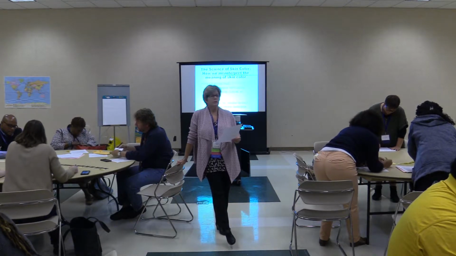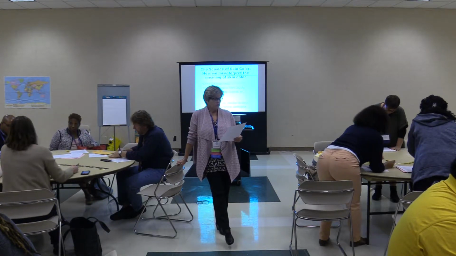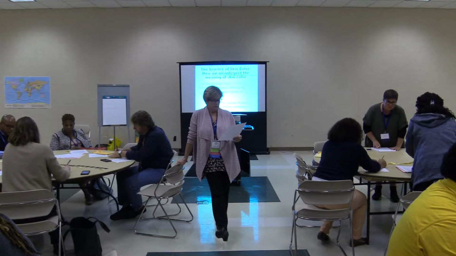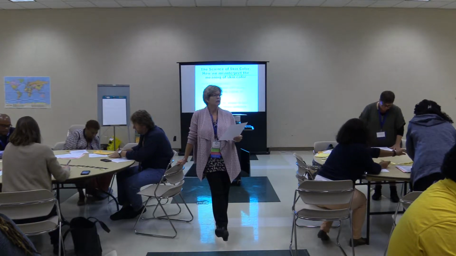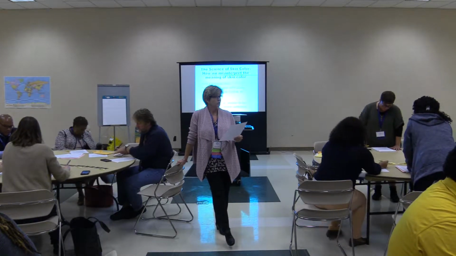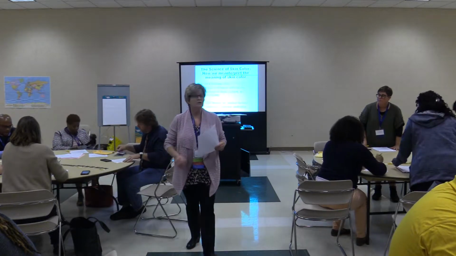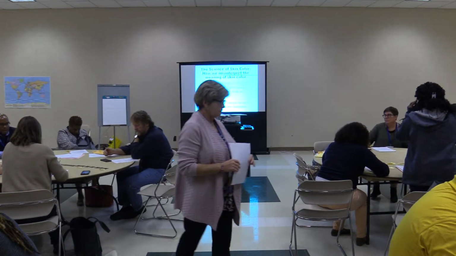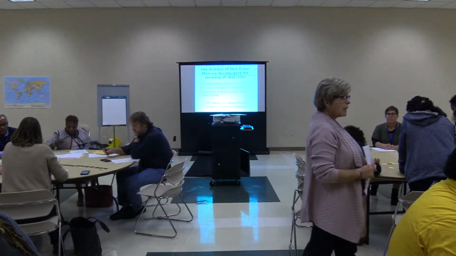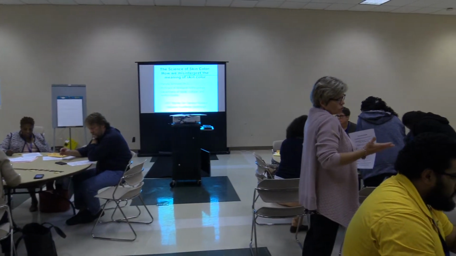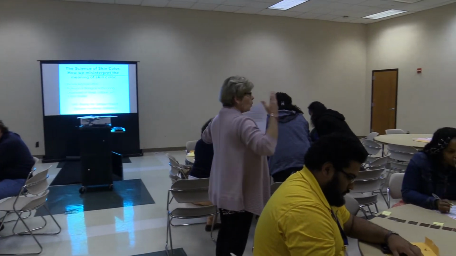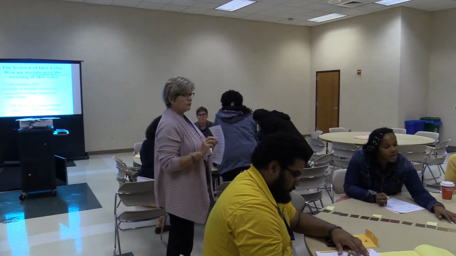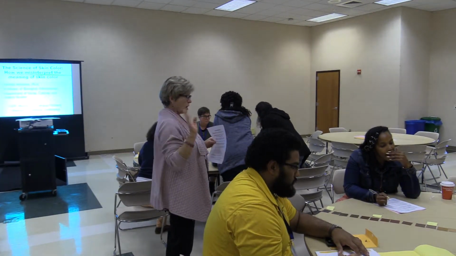You do the same thing with white, with Asian, with Hispanic, with Native American, Pacific Islander, and multiracial. Each individual does this by himself or herself. So, when we say black, do you think that starts at 20 and goes to 30? Whatever you think is what you're going to put down. There's no right or wrong here, okay?